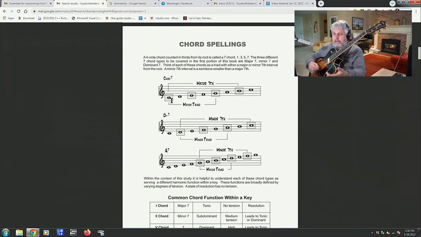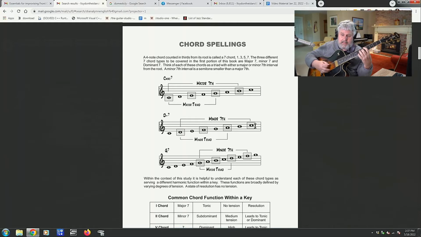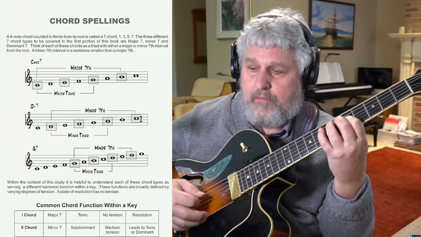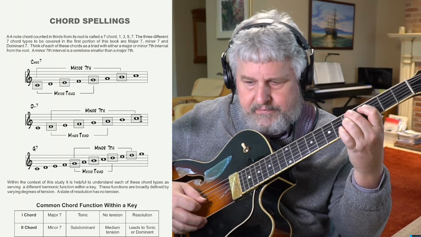All right, and then the D minor seven, we have a minor triad with a minor seventh. So the minor seventh is a semitone smaller than the major seventh. So rather than being like this, taking it from a D this time, a major seven, it's a minor seven. 1, 2, 3, 4, 5, 6, minor seven.